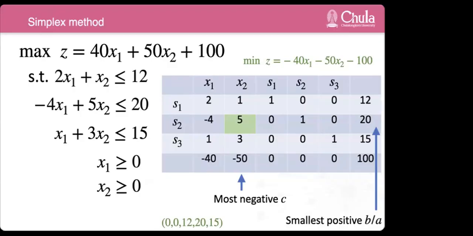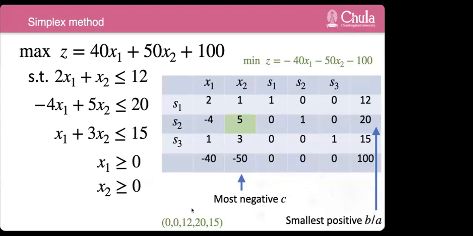So at the beginning, we know the solution. We call it a basic feasible solution. It's not the optimal solution, it's just a basic feasible solution. And the first point is 0, 0, 12, 20, 15.